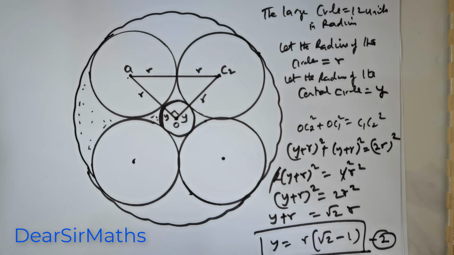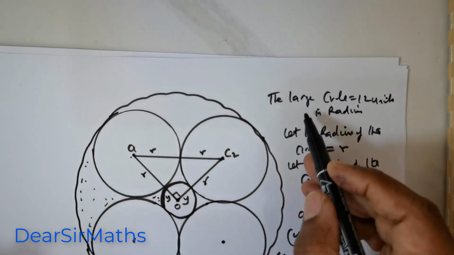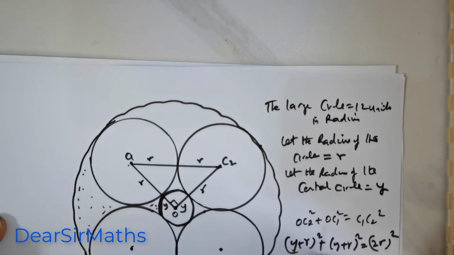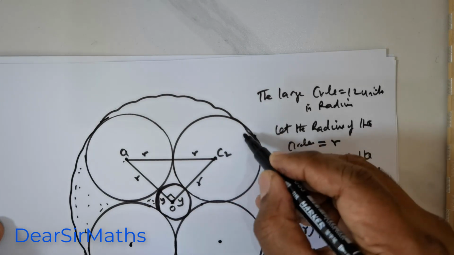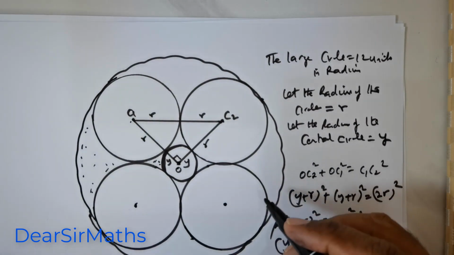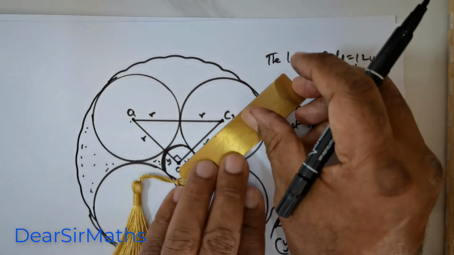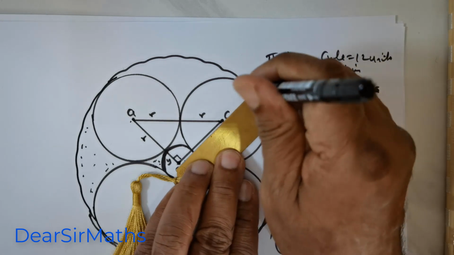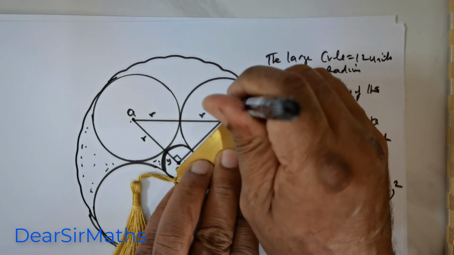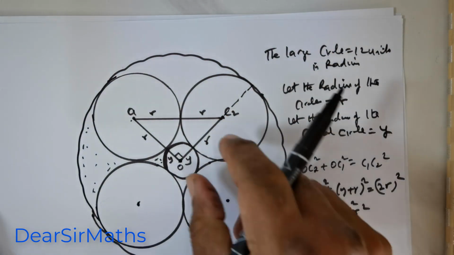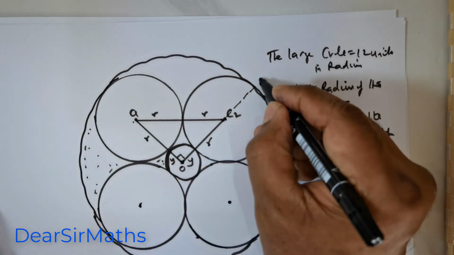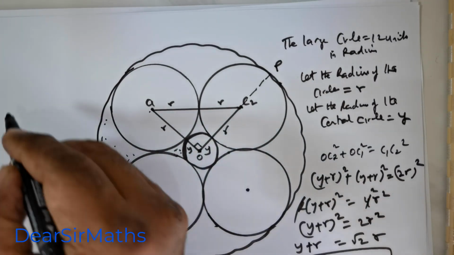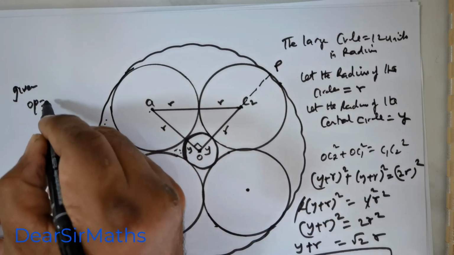Now you might be wondering, what is 1? Now the radius of the large circle is 12 units. So if I were to stretch this line, I can easily see a system in place. So what is the system? This line is actually traveling from the center to the end, so let me give a dashed line. Taking this point as say some P, OP is given as 12 units.